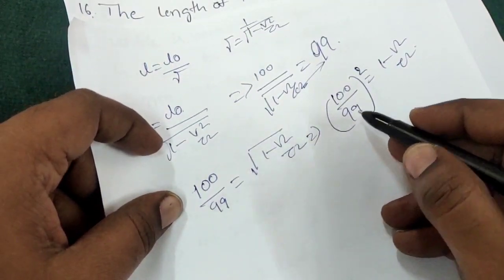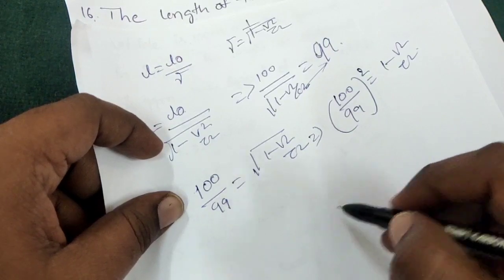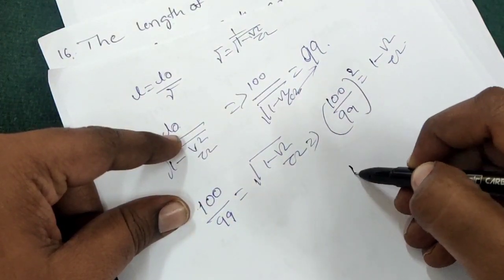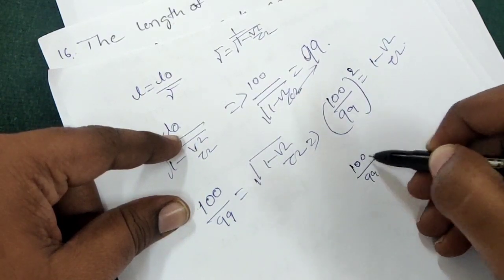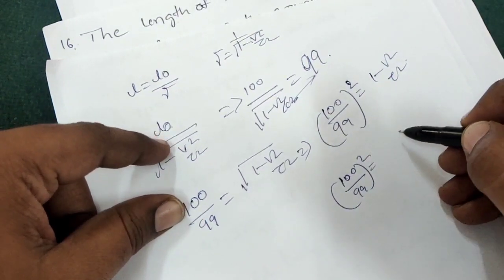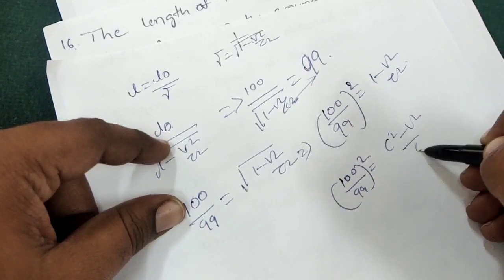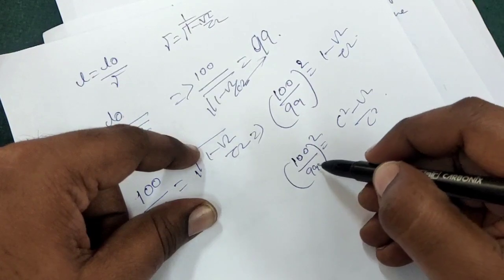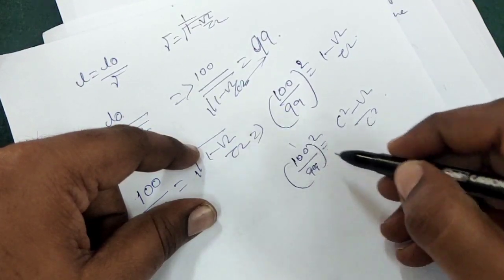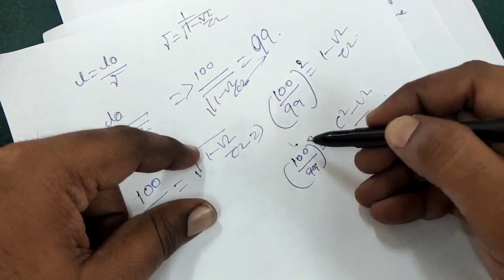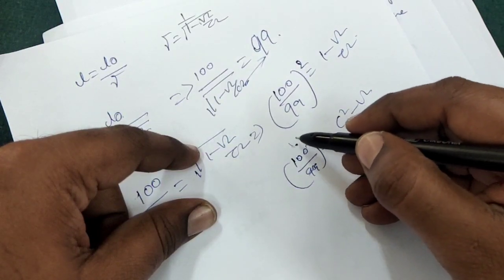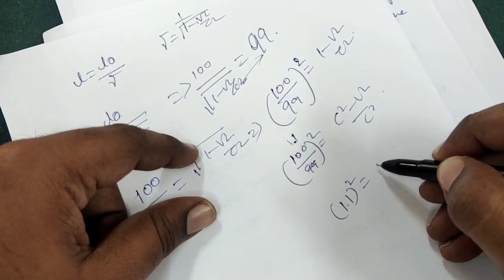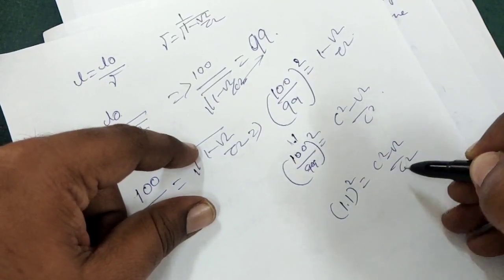After simplifying this we will get 100 by 99 whole square, which is equal to c square minus v square by c square. So 100 by 99 is about 1.1, and 1.1 square is equal to c square minus v square by c square.